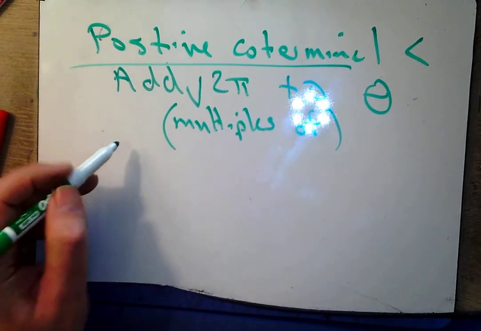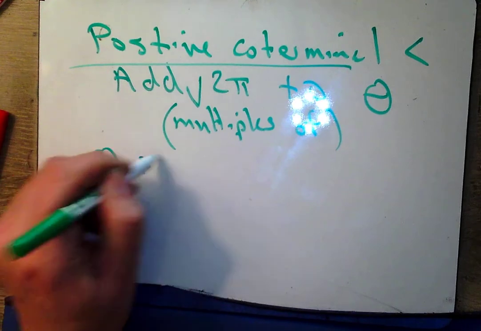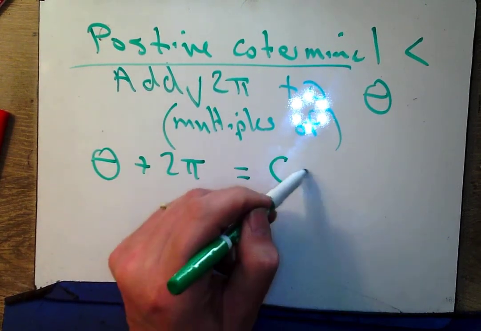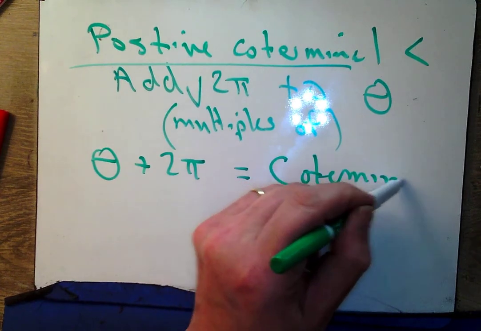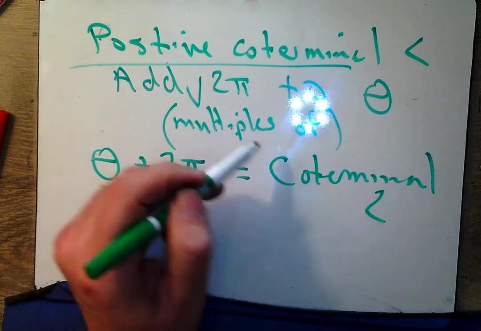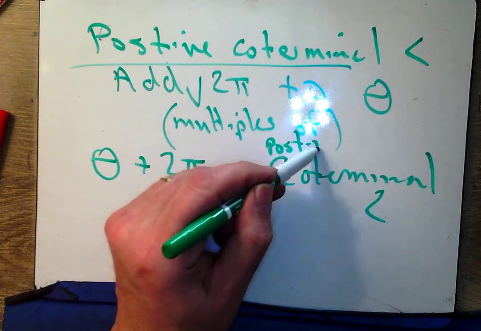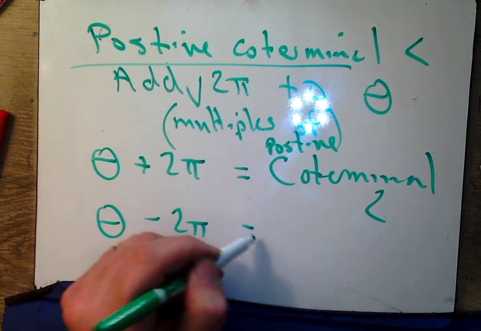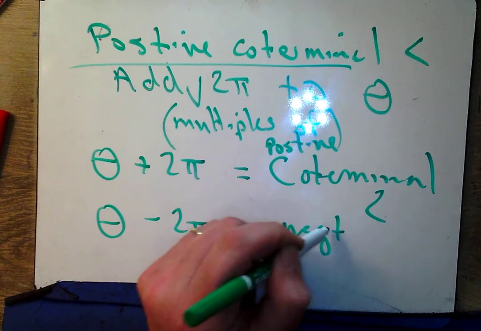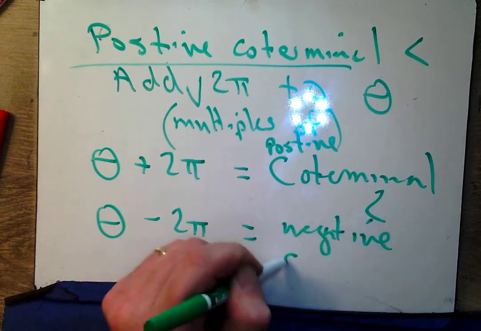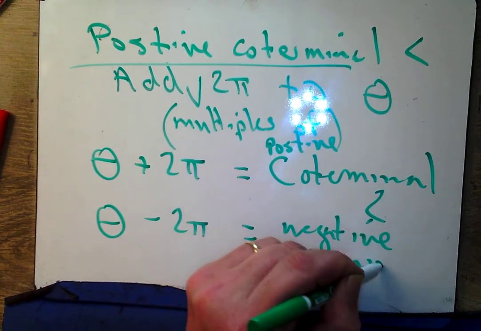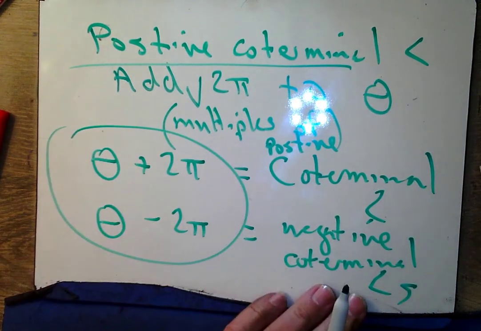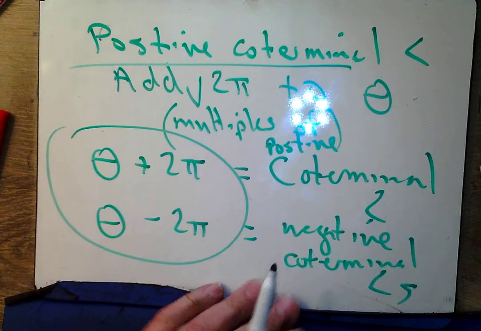Well, guess what? Instead of theta plus 2 pi to get a positive coterminal angle, we could do theta minus 2 pi to get negative coterminal angles. And that's it. That's all you have to remember. Add and subtract 2 pi.